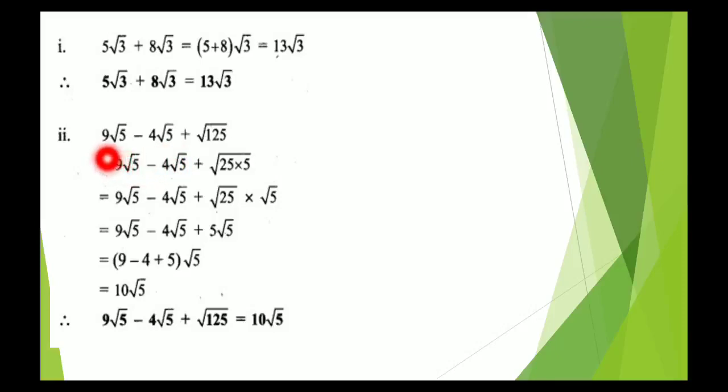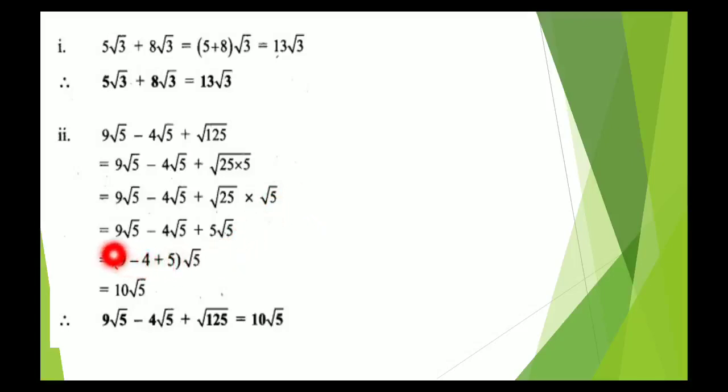So we can do subtraction of first 2 numbers, but we cannot do anything with the third number. Why? Because the radicand is not equal. So we will simplify it. Root of 125 can be simplified as 25 multiply 5. I'm separating the roots. So root of 25 is 5 and root 5.